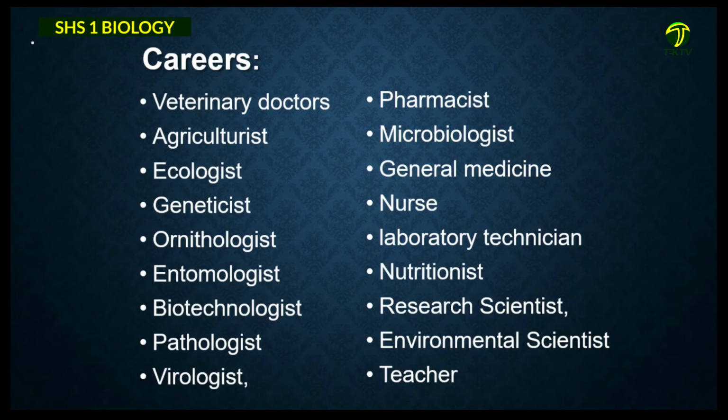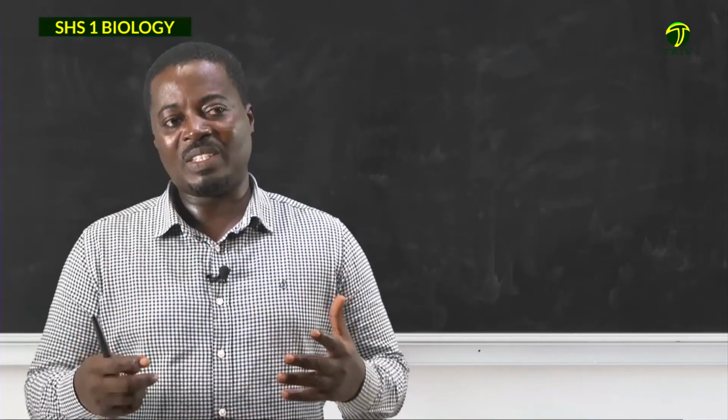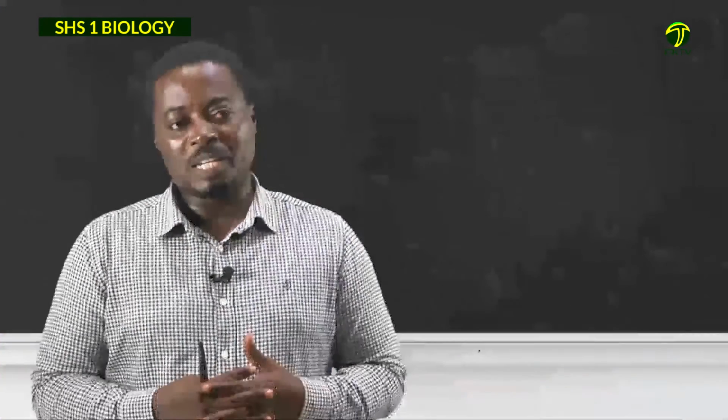You can be a nurse, laboratory technician, a nutritionist, a research scientist, an environmental scientist, and you can also be a teacher. So that is basically the topic for today.